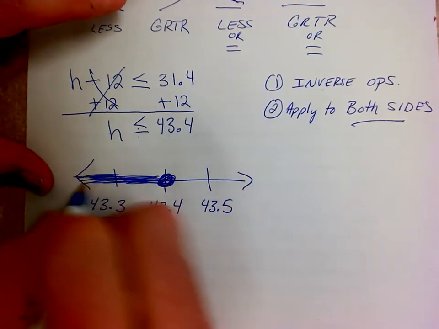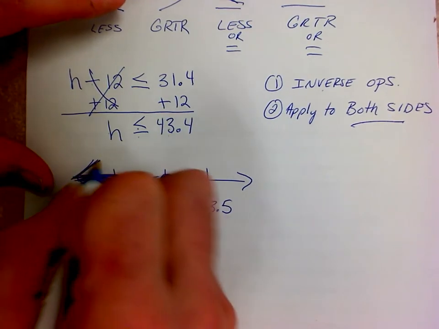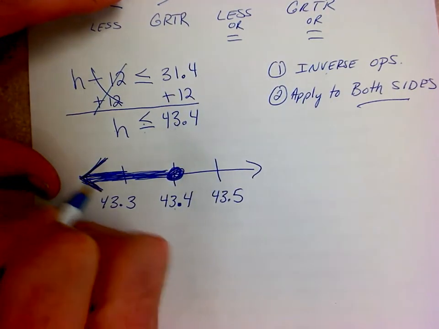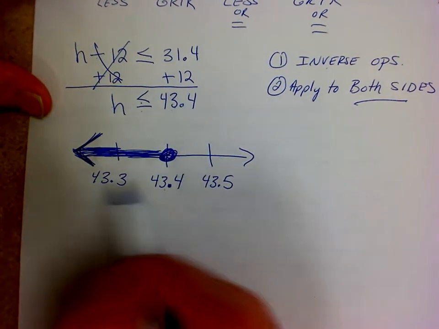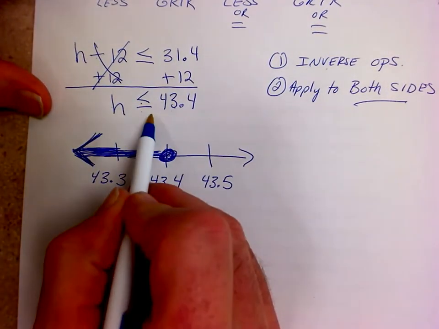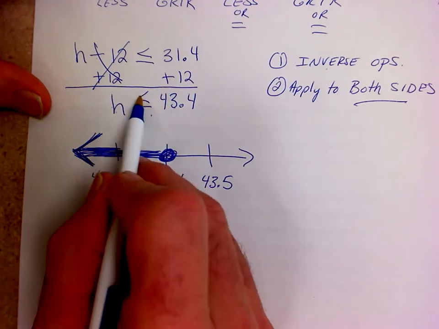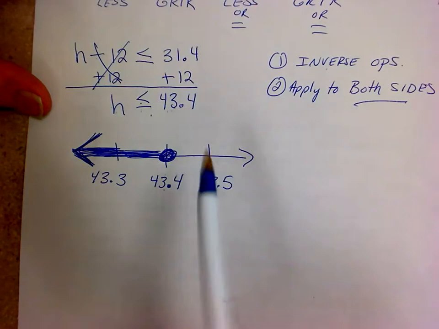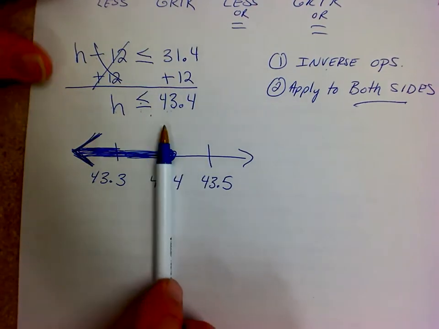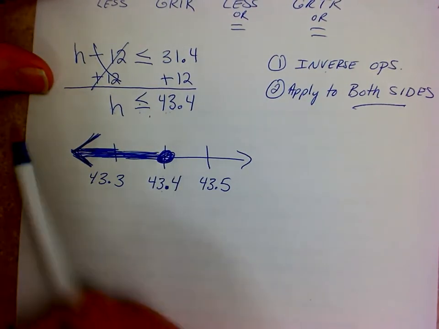So we shade in our number line, and we shade in the arrow because it will continue forever. This visual tells us that's all the numbers to the left of 43.4, that h is less than or equal to 43.4.